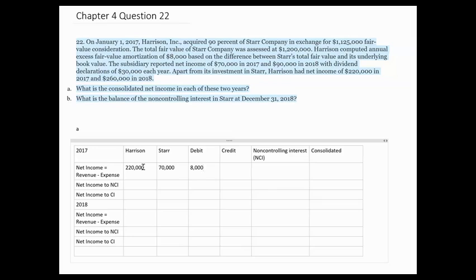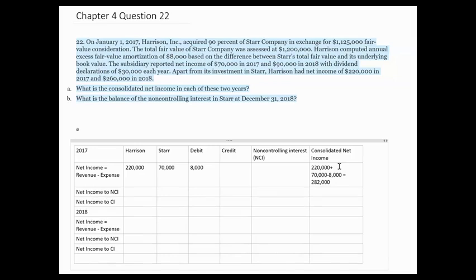So the consolidated net income should equal $220,000 plus $70,000 minus $8,000, which equals $282,000. This is the consolidated net income.